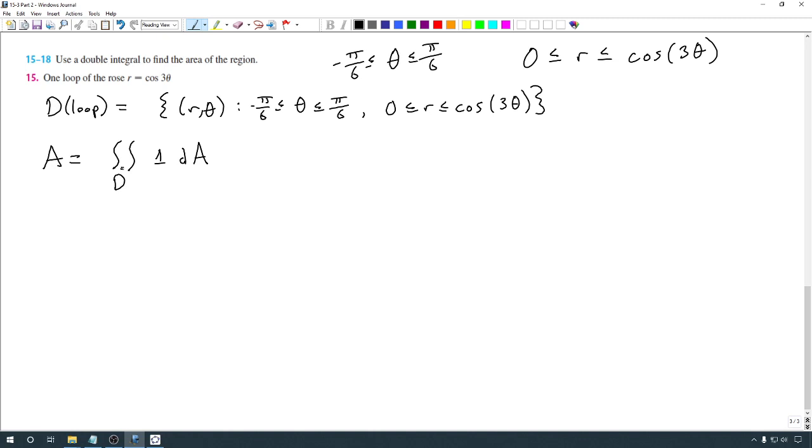Because what this really does is it takes the function f of x y equals 1 and finds the volume underneath that is contained in that region. You can think of it as a cylinder with height 1 and the base being D. And the volume of such a thing should just be 1 times the area of that base. So the area of the base is just that double integral.